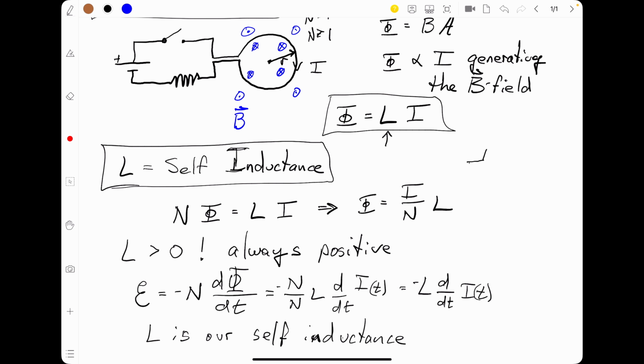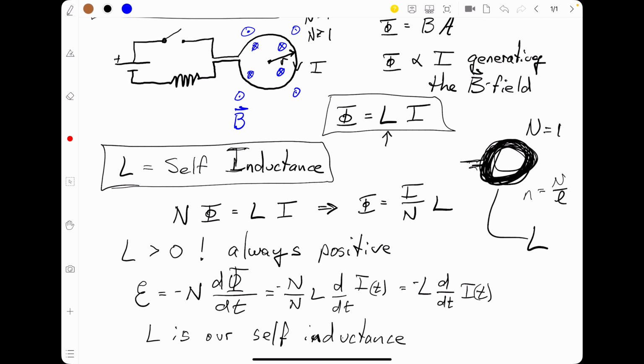So each thing, doesn't matter how you do it. You can come in and draw a loop like this. You can come in and draw many loops, like a big long solenoid. You can do whatever you want, from n equals 1 to a certain n per unit length. You can do however you want, but you have a self-inductance L for this item.